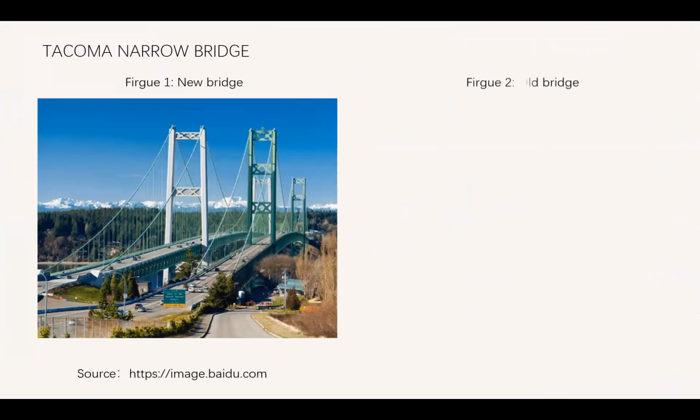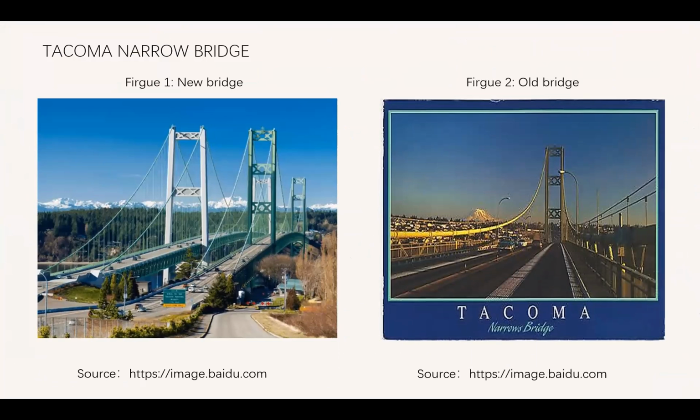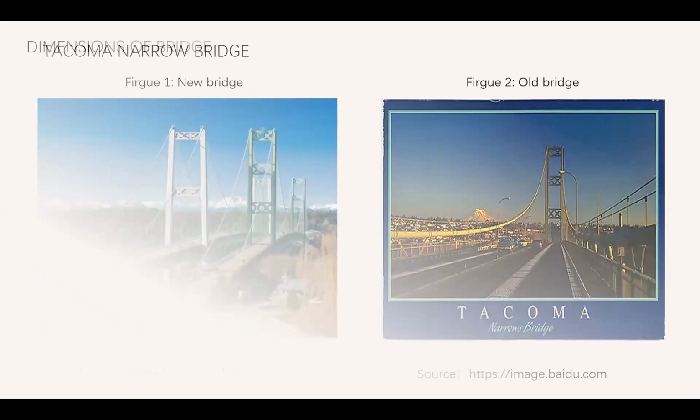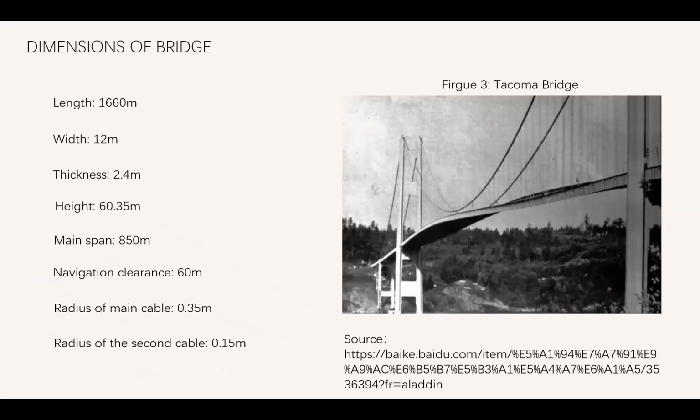Okay, so this is the Tacoma Bridge. The Tacoma Bridge was constructed in 1940, and it is a typical example of a suspension bridge. And this is the dimension of the bridge. The total height of the column is around 60.35 meters, with a width of approximately 12 meters.